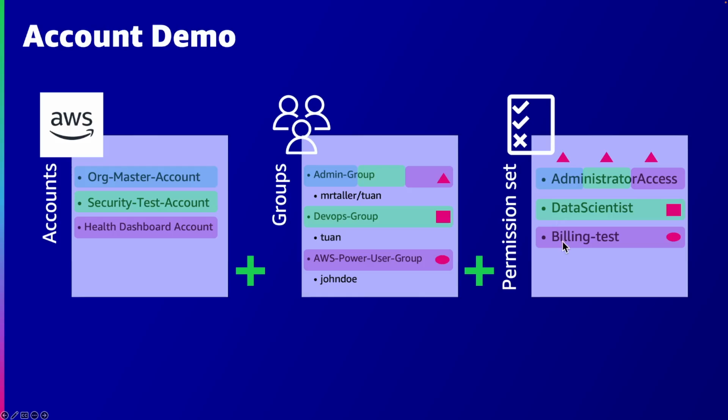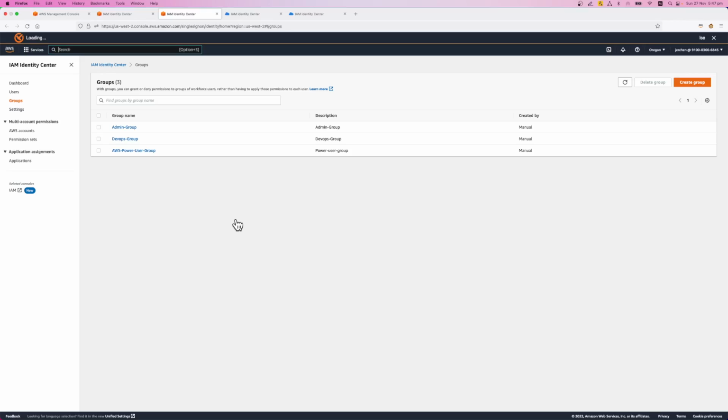For the other 2 permission sets, for example the data scientist, it is only associated with 1 AWS account on the left-hand side, which is our security test account. Okay, let's jump into the demo.